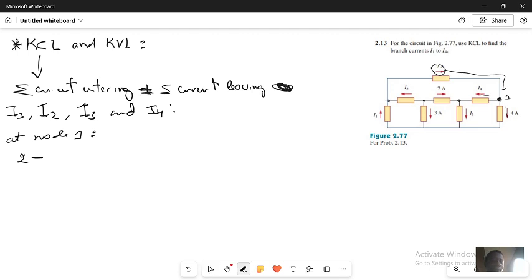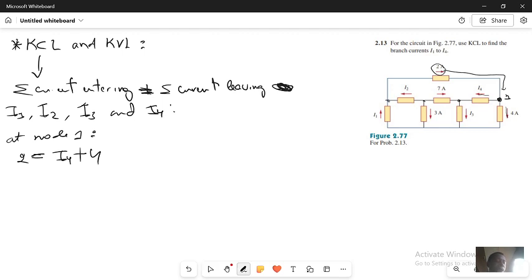So 2 equals I4, because I4 is leaving, plus 4, because the 4 ampere is leaving also.